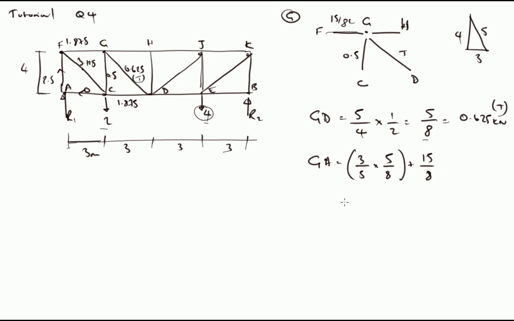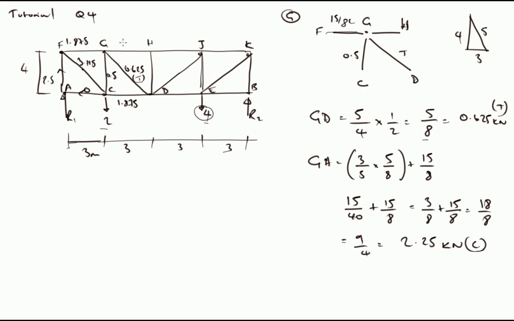Okay, so that's 15/40 plus 15/8. Let's make these all 8ths, which is 3/8 plus 15/8, which gives us 18/8, which gives us 9/4, which is 2.25, and that is going to be in compression.